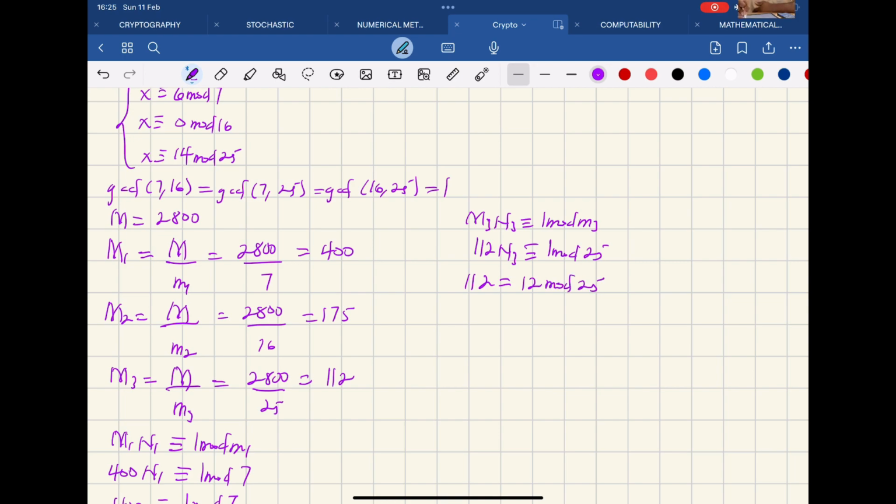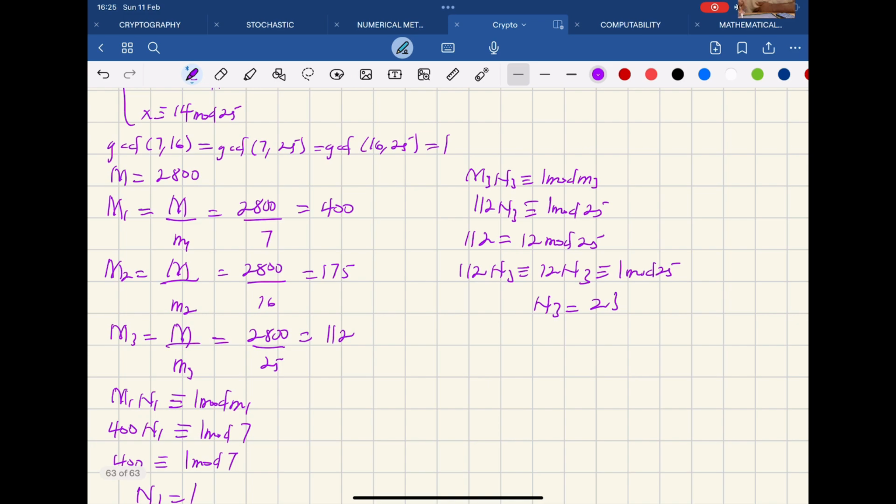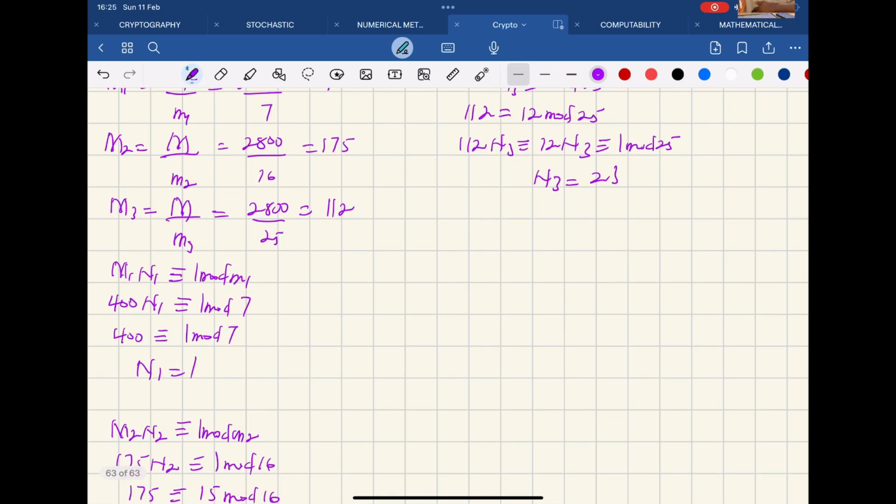So 112 N3 is congruent to 12 N3, which is congruent to 1 mod 25. So we want the inverse of 12 mod 25. The inverse of 12 mod 25 is 23. So N3 is equal to 23.